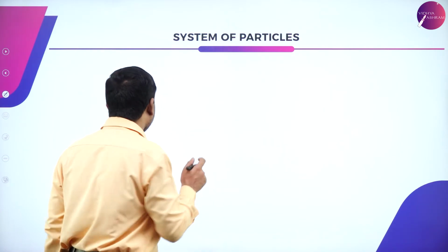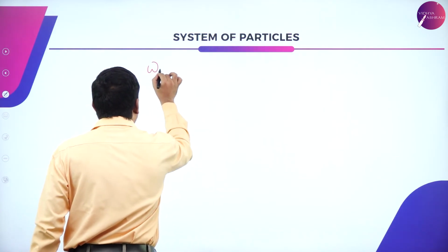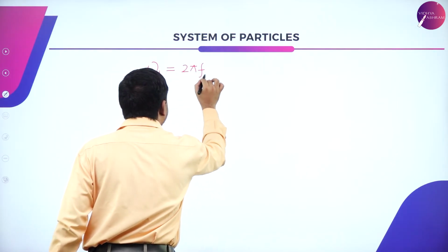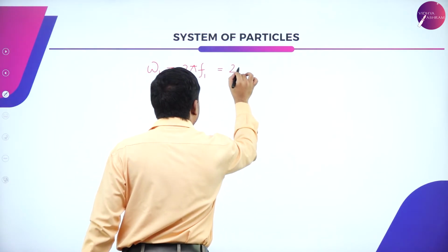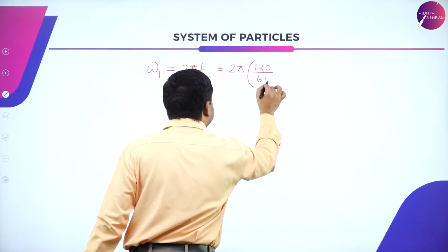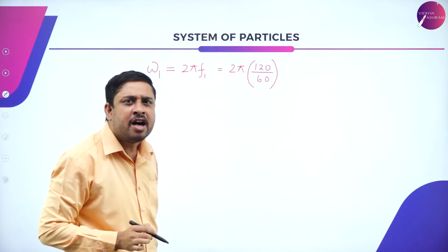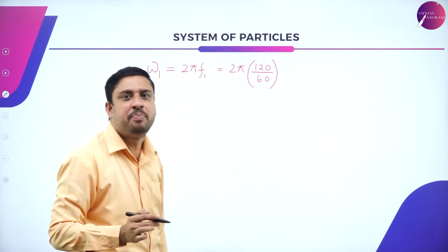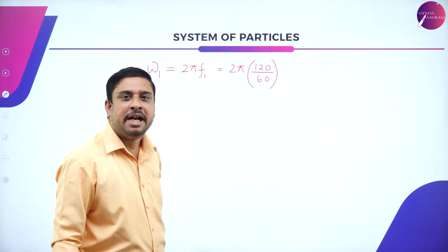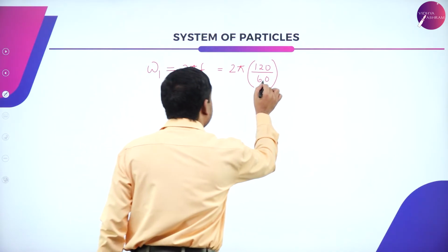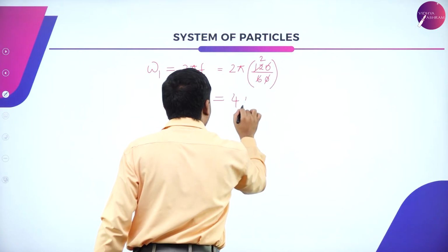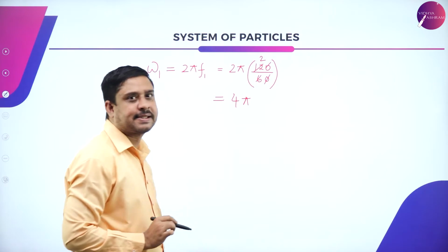Therefore, initially, what is omega 1? 2 pi f1, which is 2 pi into 120 by 60. Why? Because it is in rotations per minute, and I am converting to rotations per second. So this goes twice, so this is 4 pi radian per second.